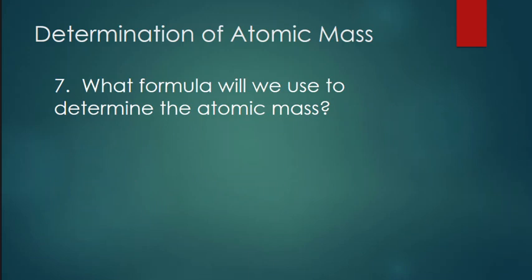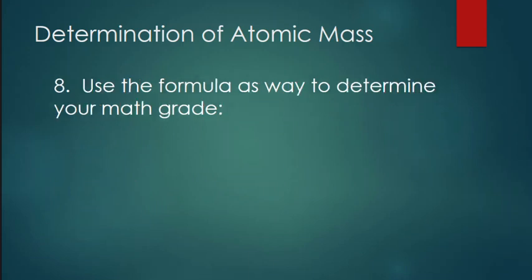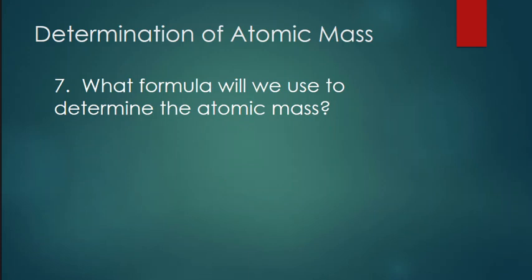Well, what formula will we use to determine the atomic mass? This one. And this is the same formula that Mr. Green uses, but he calls it a different thing.